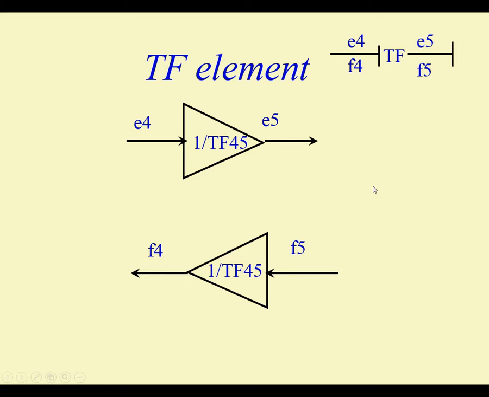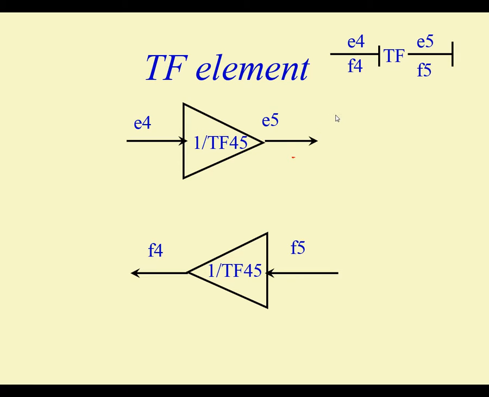Here's the other form. You could have the modulus written in terms of the output F5, or the flow, flow 4 in this case. So how would this be on this?